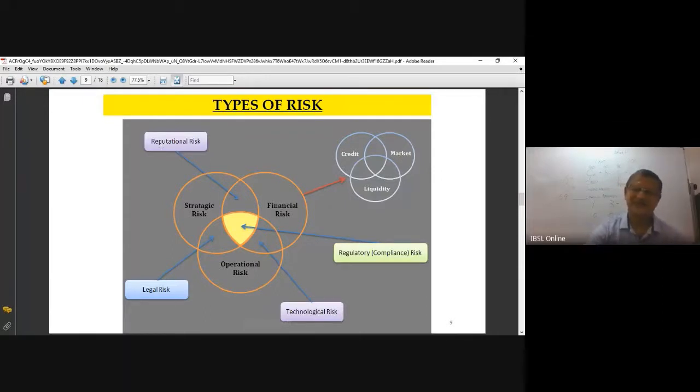Therefore, you change strategies and procedures to do business. So strategic risk is a very important area.